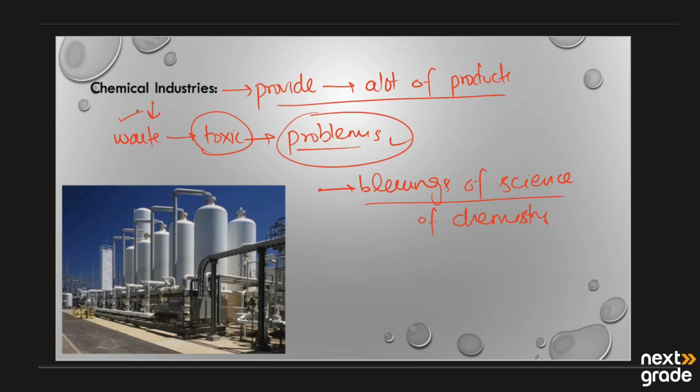In turn, it is a blessing because it produces a lot of products in the chemical industry, like paper, cement, and important chemicals. All this happens due to chemistry.